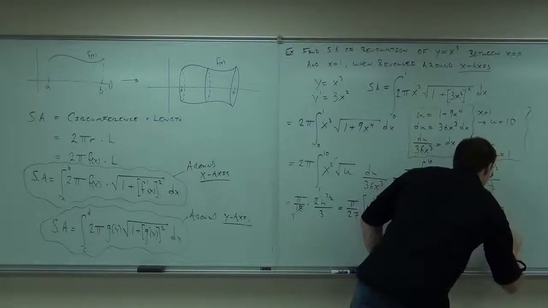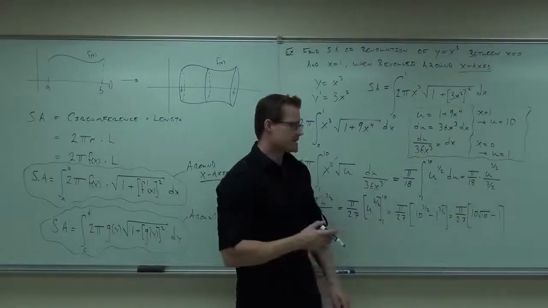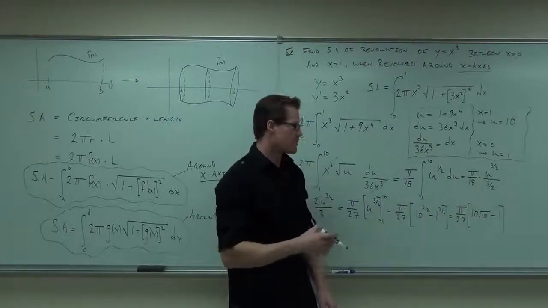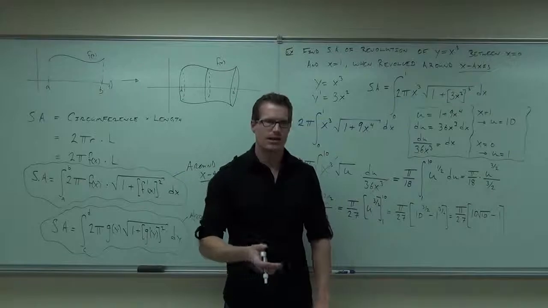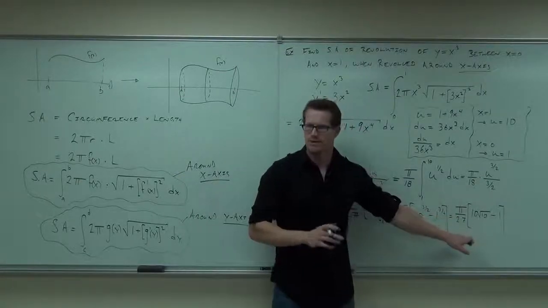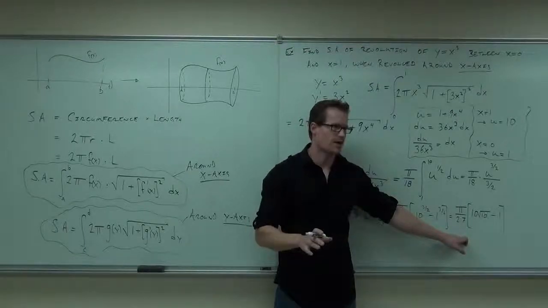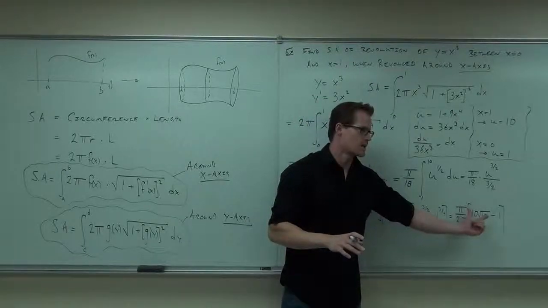Minus 1. There's a variety of ways you can write that. You can write that 10 pi root 10 over 27 minus pi over 27. For right now, can you just verify that this is okay and leave it like that for me? Do you feel okay with leaving it like that? It's just as valid. It's as simple as we can make the radical, 10 root 10 minus 1.